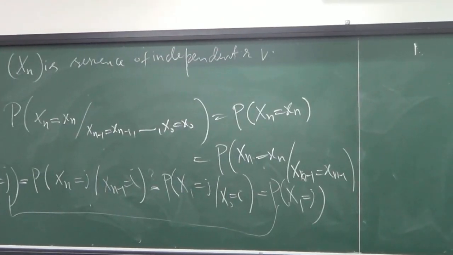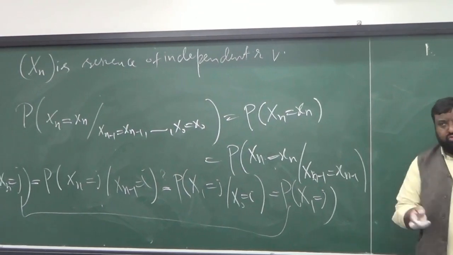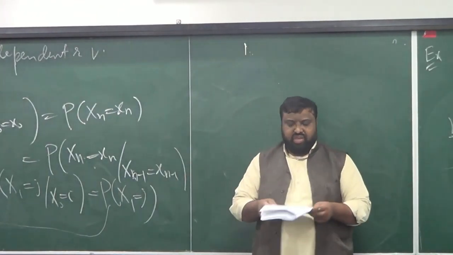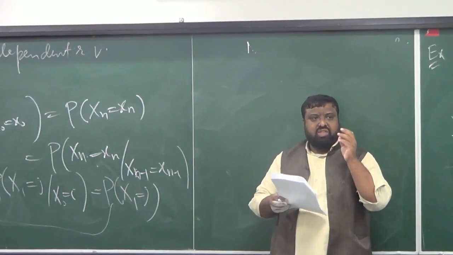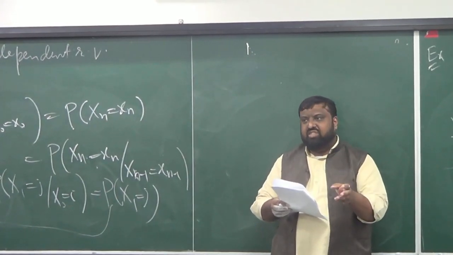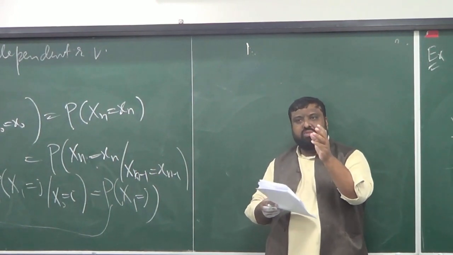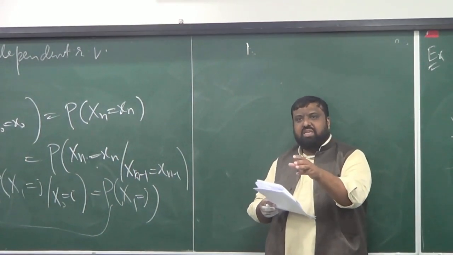Alright, so what we did so far, very roughly, not in a much rigorous way: we said you have a chain, a defined chain, and the chain corresponds to a transition matrix.